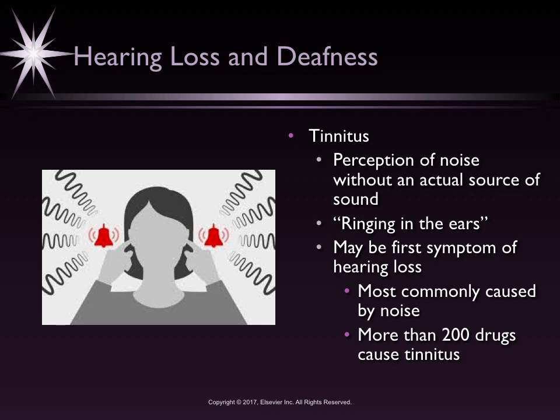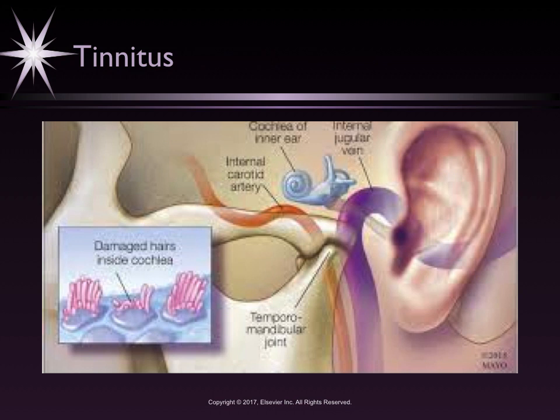More than 200 drugs are known to cause tinnitus. One of the major causes is damage of the hairs inside the cochlea. And so I just wanted to point that out when we're talking about damage in the cochlea.